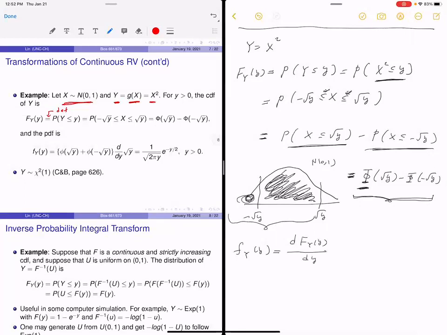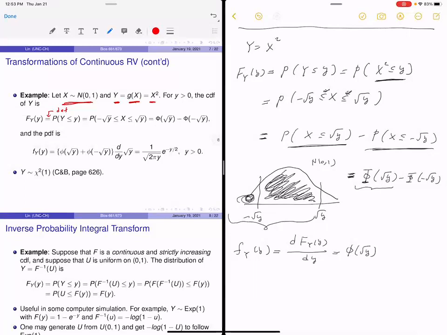Right? And then right here, if I do this differentiation, then capital phi in terms of differentiation becomes little phi, which is the PDF of normal 0, 1.